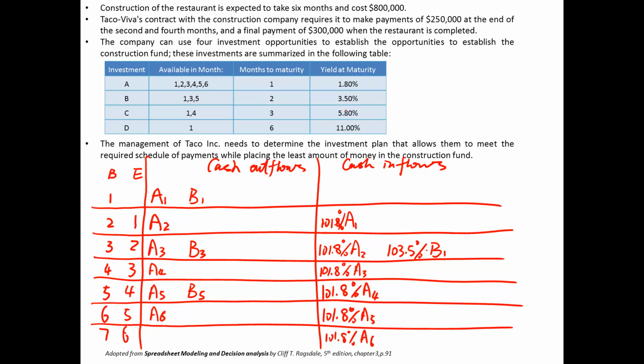Am I right this time? Okay, so B3 will mature here. B5 will mature here.